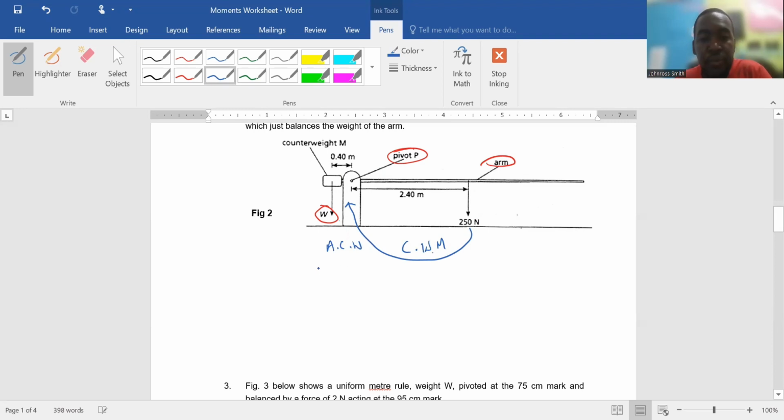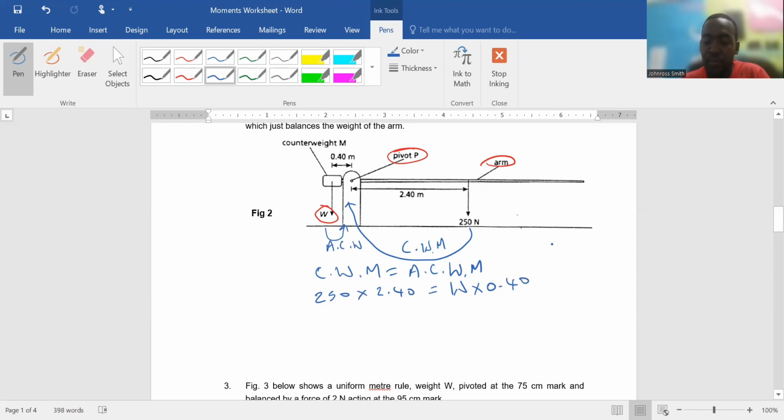So therefore, we go with clockwise moment equals anti-clockwise moment. Our clockwise moment is the force of 250 newtons multiplied by 2.40 distance away, and it's going to be equal to the anti-clockwise moment of the weight of the counter arm multiplied by its distance away, 0.40.